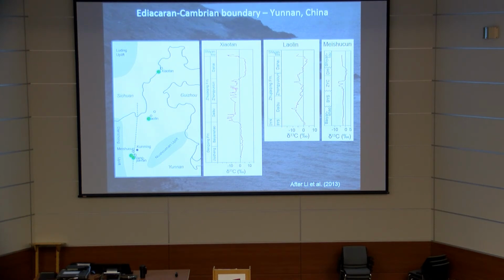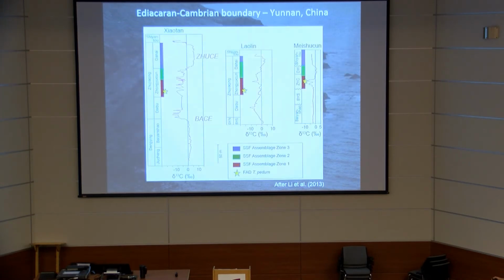They line up in the eastern Yunnan province. Here is the carbon isotope record from Xiaotan, which is one of the main sections we are working on right now. These ranges of small shelly fossils are old, obviously. There have been new studies showing transitional fauna going all the way down to the boundary.